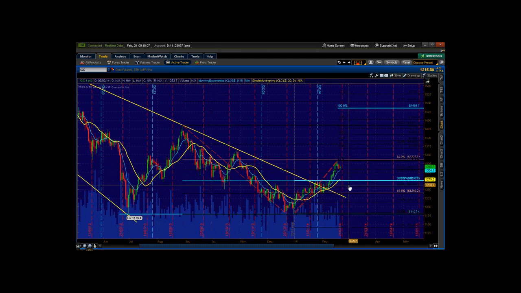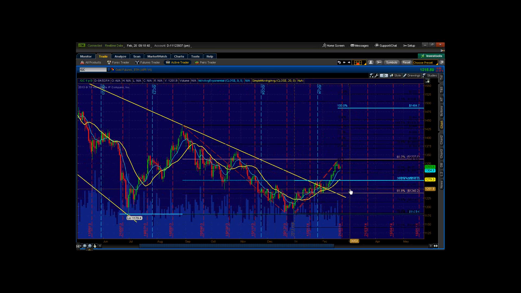We haven't come down all the way yet, but if we come down, we need to come down to this 1276, which is the 38.2 retracement on the cup, to validate the handle. If we break above the rim, the first target is that 1434, and the measured move is up at 1484.70.